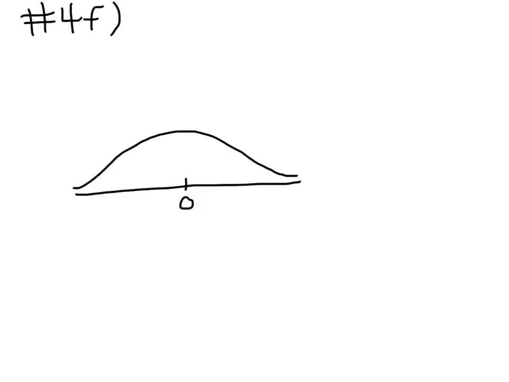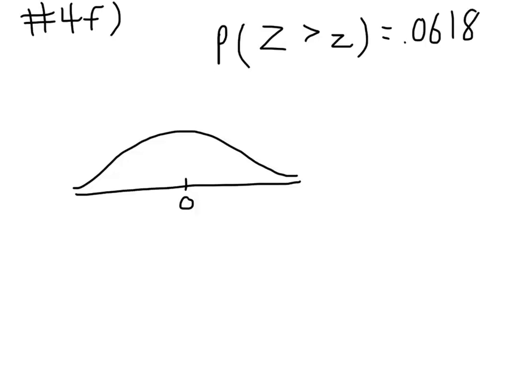4F asks us to find the value of z for which 6.18% of observations are greater than z. So the probability that capital Z is greater than this z that we're trying to find, lowercase z, is equal to 0.0618.